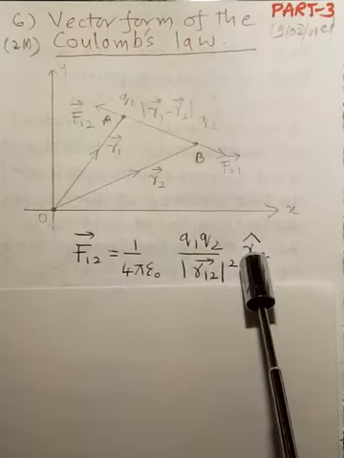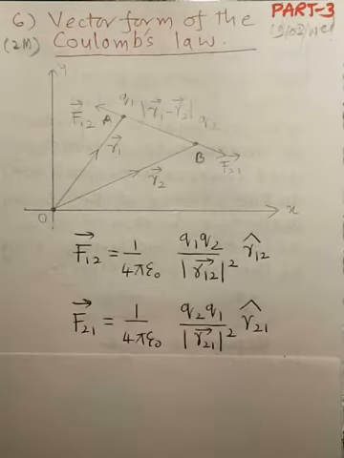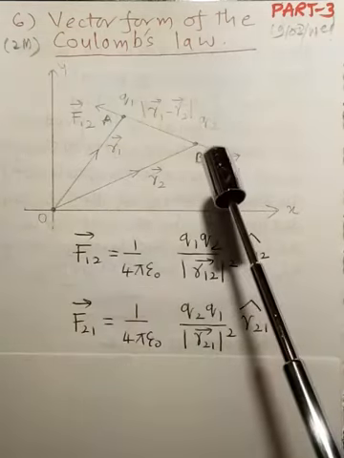Therefore, vector F12 is away from charge A as they are repelling each other. I hope that now similarly you can find F21 also, this vector. F21 is the force on the second charge due to the first charge. As both are similar like charges, they repel each other.